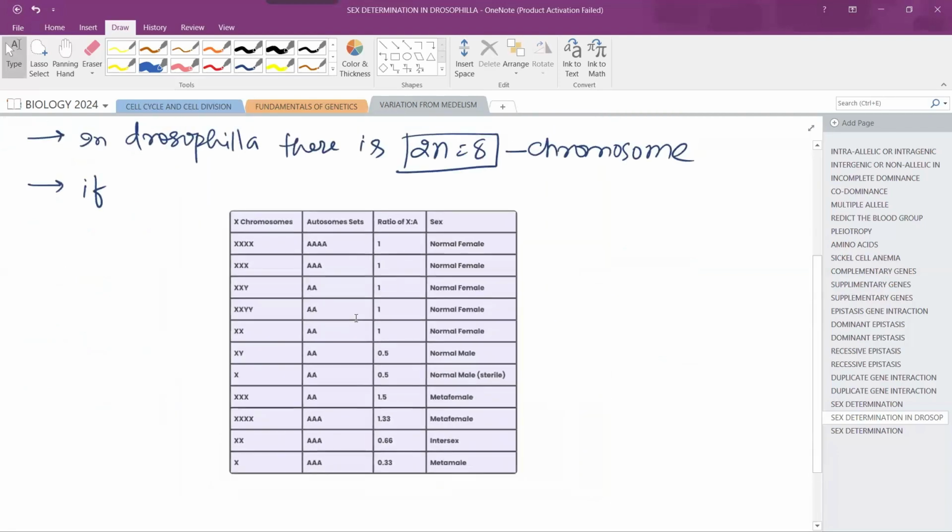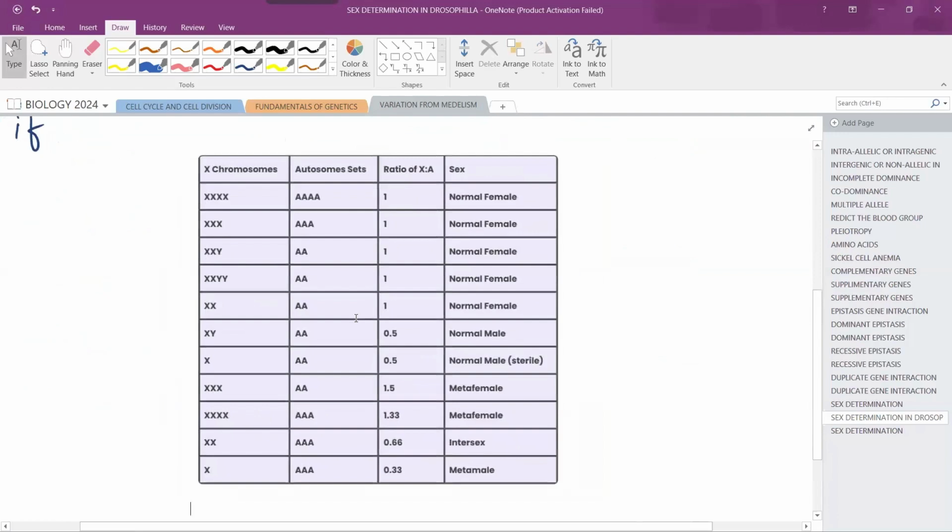But if there is a ratio like this, the X to autosome ratio, you will see 4 is to 4. In the first case, there are 4 X chromosomes and 4 autosomes. So what is the ratio? Ratio is 1. In this case, you will get a normal female.